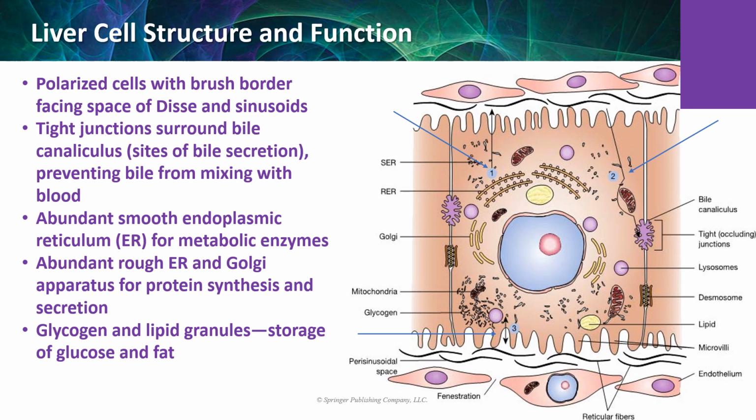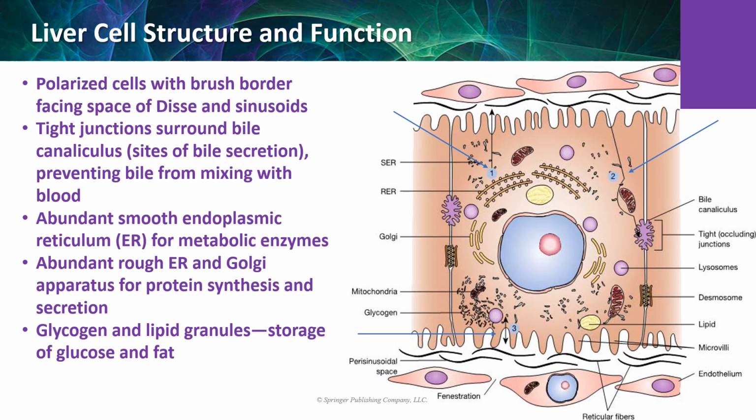Hepatocytes have abundant smooth endoplasmic reticulum and rough endoplasmic reticulum. The smooth endoplasmic reticulum contains many enzymes for drug detoxification and cellular metabolism, whereas the rough endoplasmic reticulum is the site of synthesis of proteins that are going to be secreted.